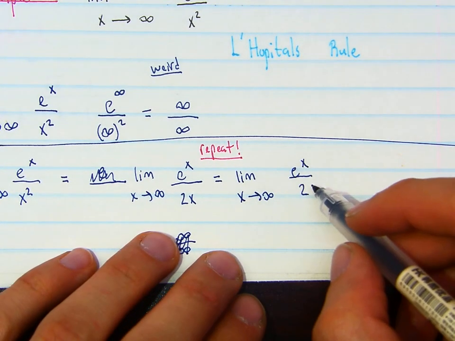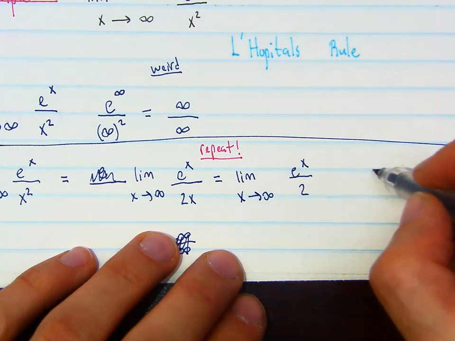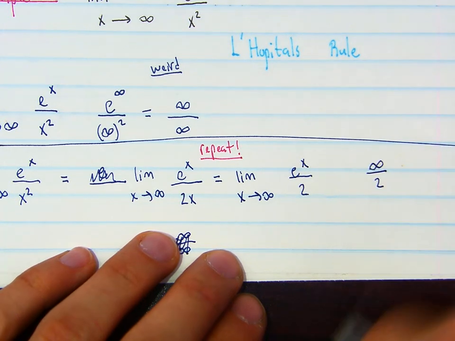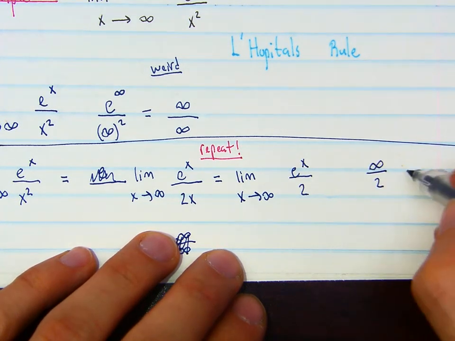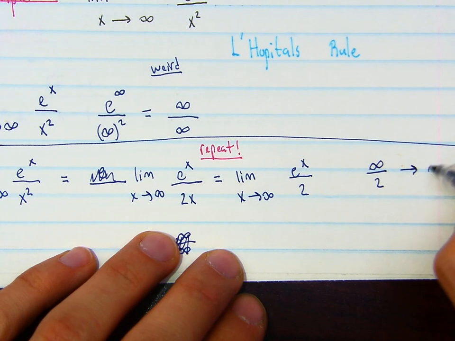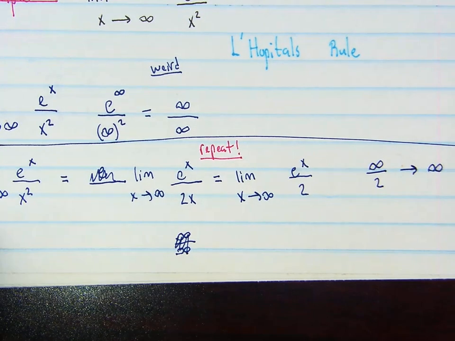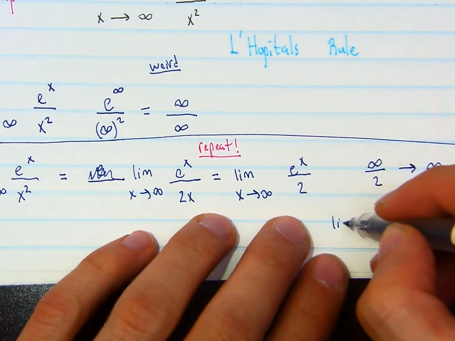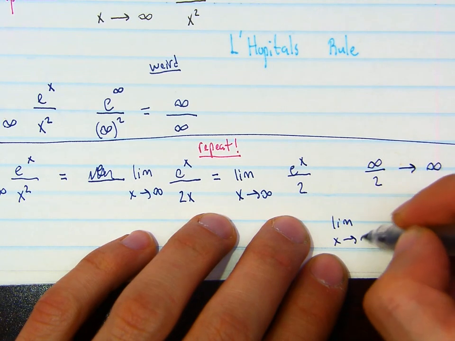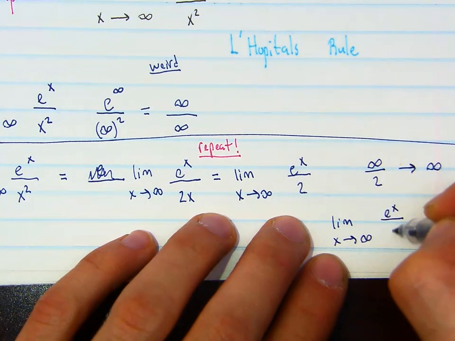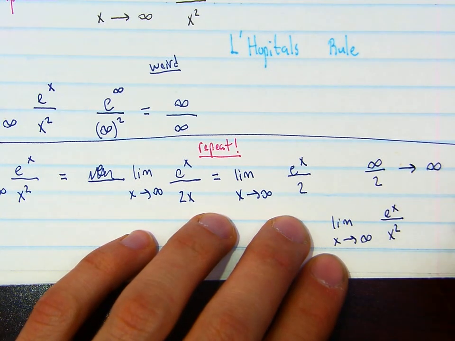We have infinity over 2, but that's just the same as infinity. So we know that the limit as x approaches infinity of e to the x over x squared is equal to infinity.